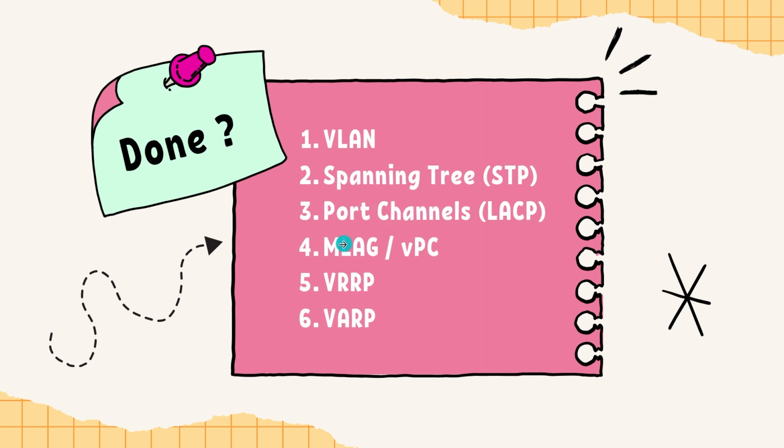Then port channels, MLAG, followed by some FHRP protocols, first hop redundancy protocols: HSRP, VRRP, and GLBP. This is a very ordered collection of topics that you might want to follow, study, and learn in this particular manner.